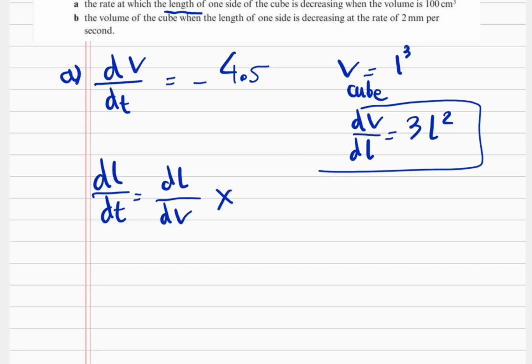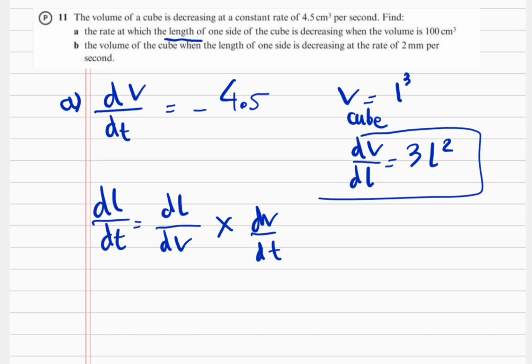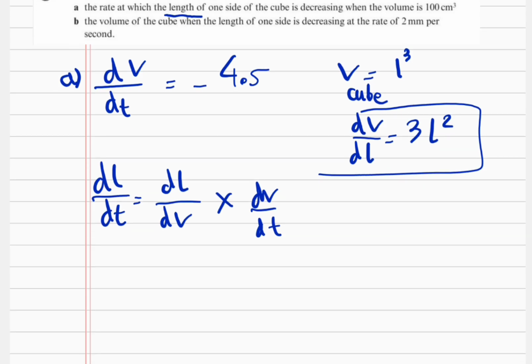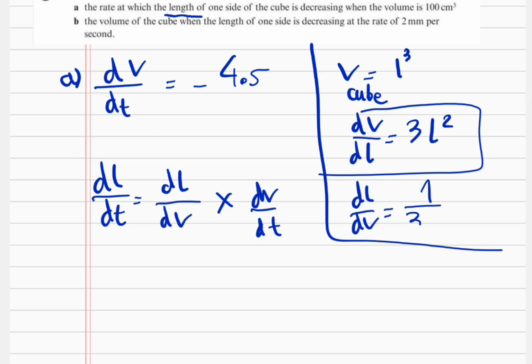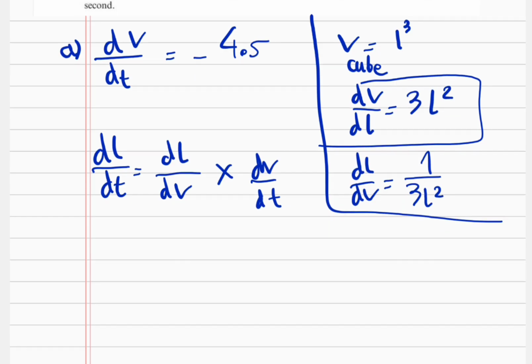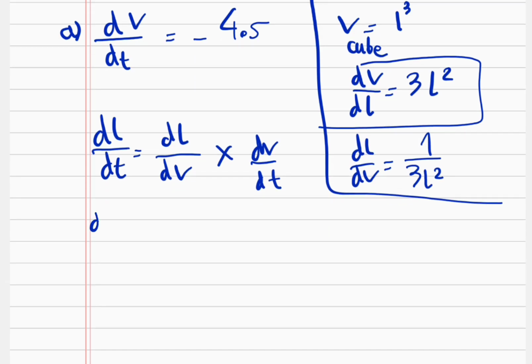And this times dV/dt, because remember we already have dV/dt, it's here, so that's minus 4.5. So we just need to find dL/dV before we can find dL/dt, and that's easy because dL/dV is just the reciprocal of dV/dL, which is 1 over 3L squared. Right, now it's all about the substitution.